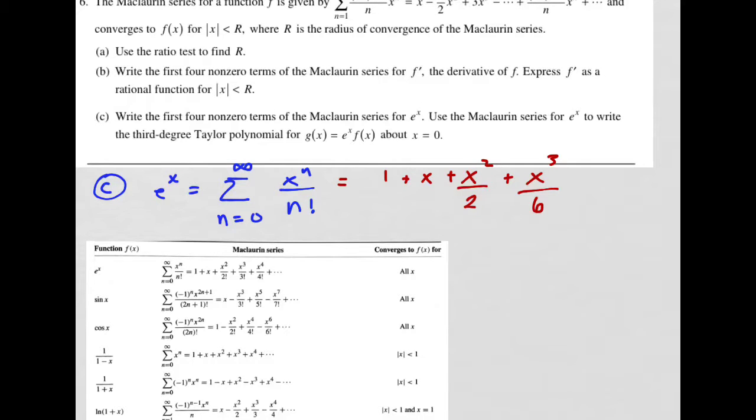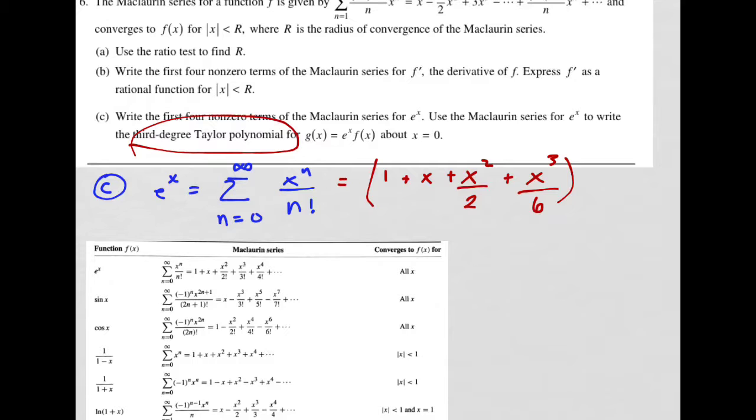Next: use the Maclaurin series for e to the x to write the third degree Taylor polynomial for g of x, which is e to the x times f of x. We actually did a problem like this. I have the first four terms for e to the x, and I also need the first four terms of f of x. I think it's in the other video, so I might have to figure it out again.